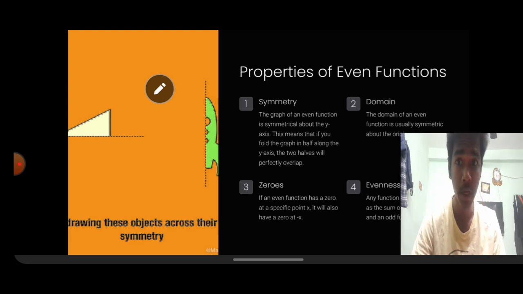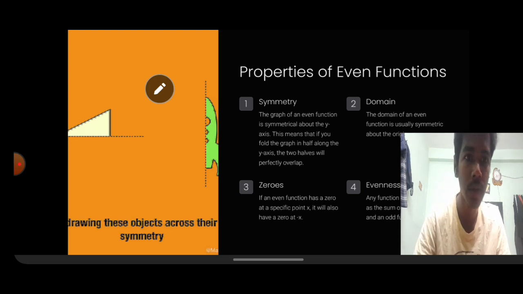Lastly, derivatives of even functions alternate. The first derivative is odd, the second derivative is even, and so on. And zeros: if an even function has a zero at a specific point x, it will also have a zero at minus x.